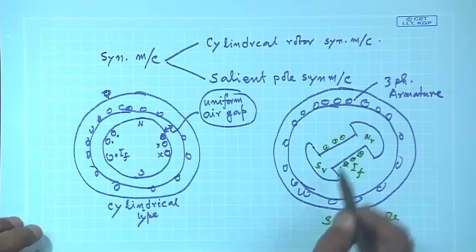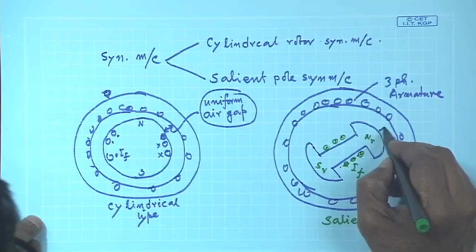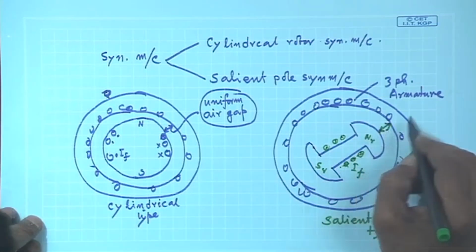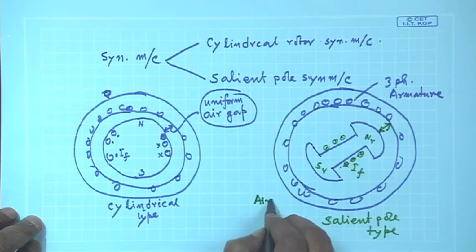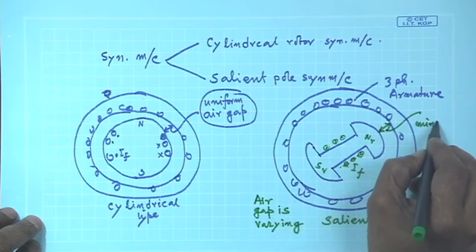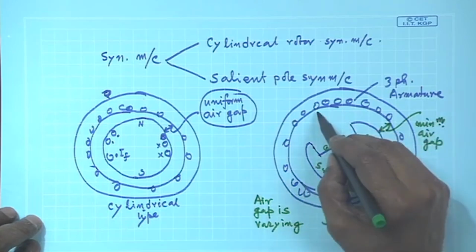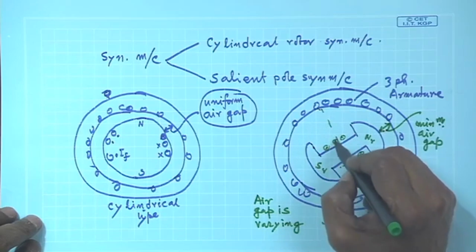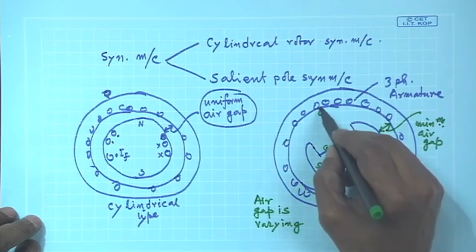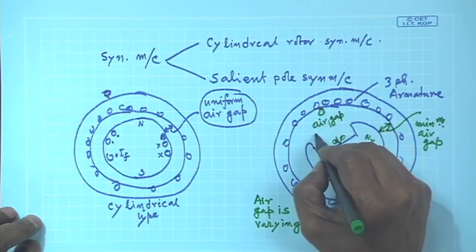However, in this case the air gap is not constant. The air gap is varying. It is minimum here, minimum air gap, and along this line the air gap is maximum.